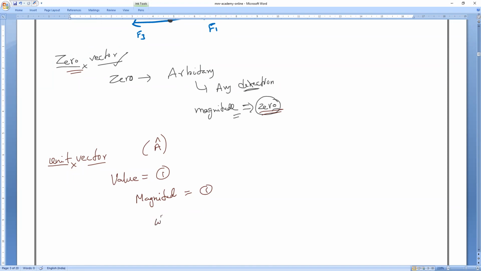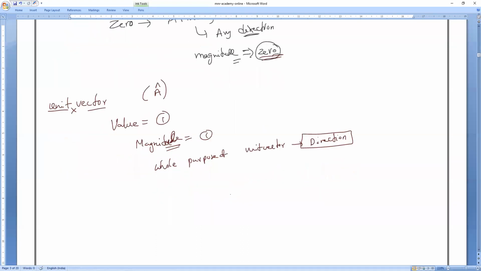It indicates the direction alone, and its magnitude is always 1. This is what we call a unit vector.